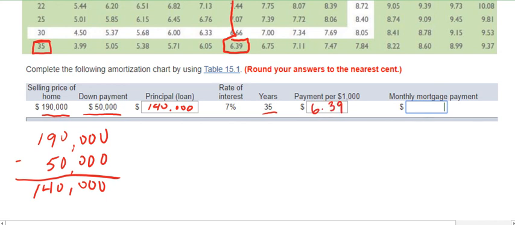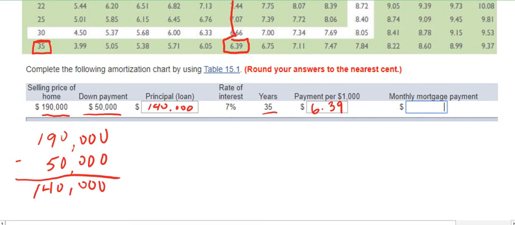Since there are 140 1,000 payments, 140,000, we're going to figure out what is our monthly mortgage.